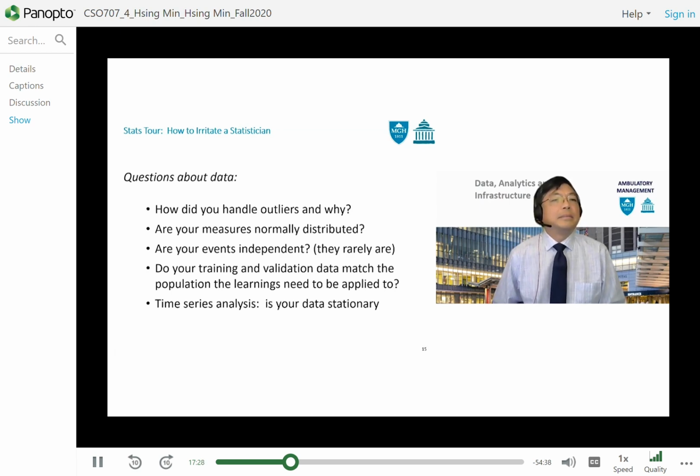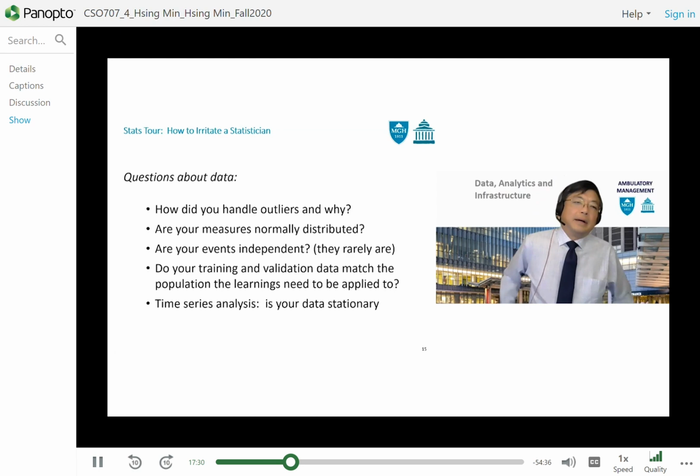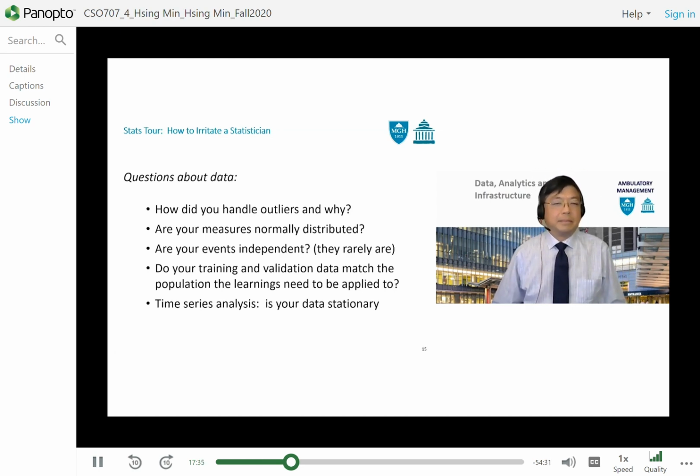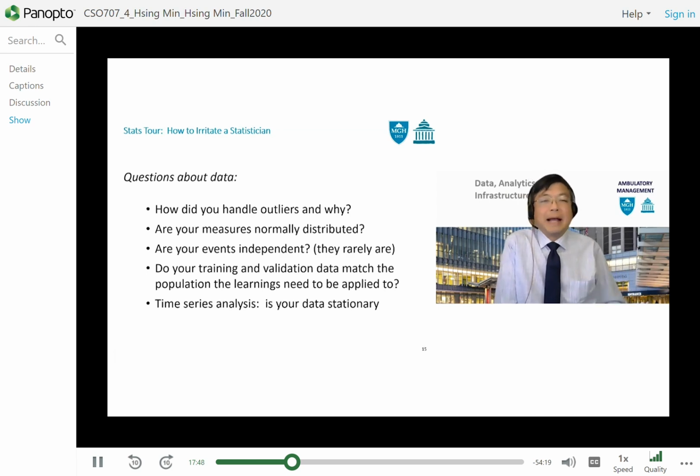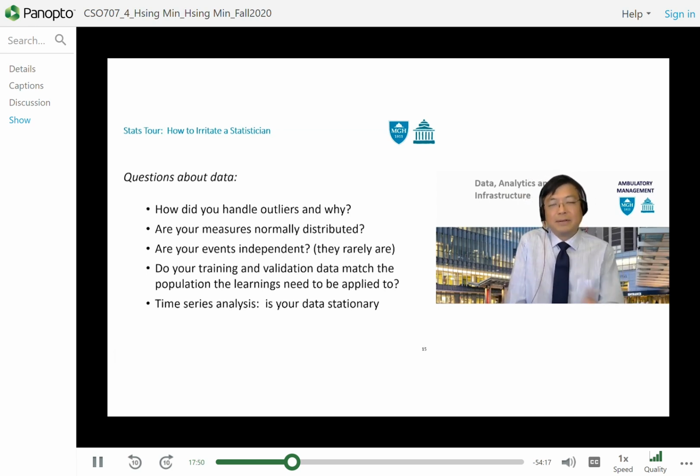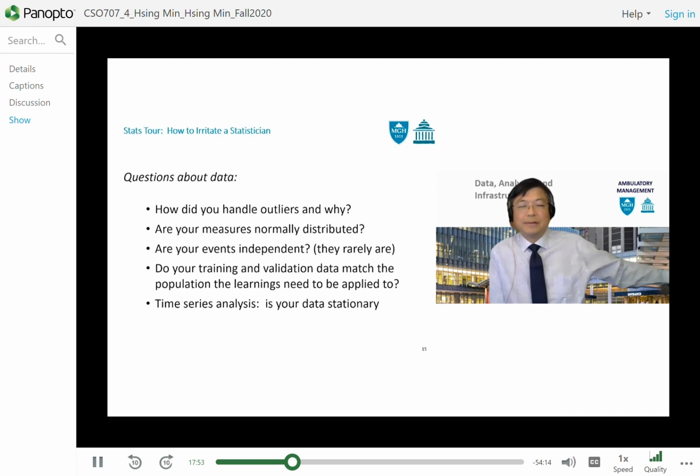Does your training do time series analysis? First of all, there's an overlap between that and training data matching the actual data you're going to apply it to. Things change over time. If you are looking at historical data and you say, hey, I brought 20 years of data, that could be a bad thing because you're applying it to the future, and things 20 years ago were very, very different from the future.